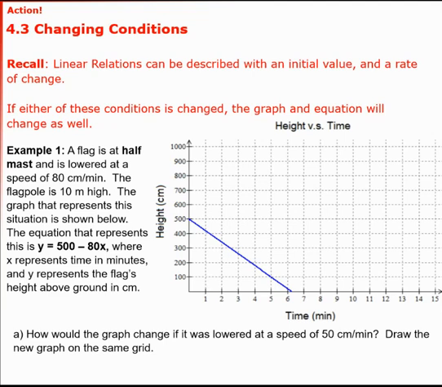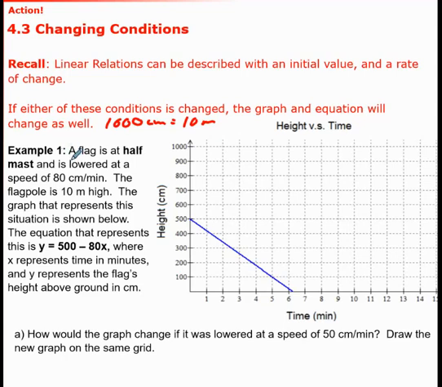Okay, here we go. So linear relations can be described with an initial value and a rate of change. If either of these conditions change, the graph and the equation will also change. The flag is at half mast and is lowered at a rate of 80 centimeters per minute.